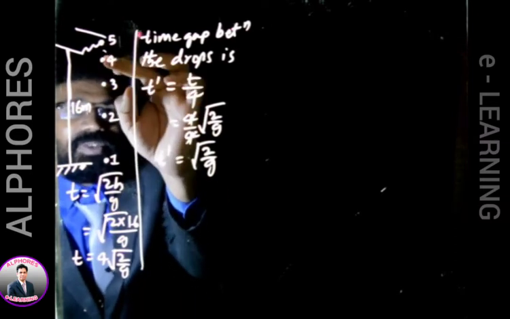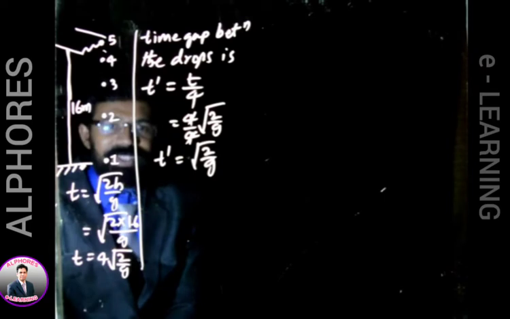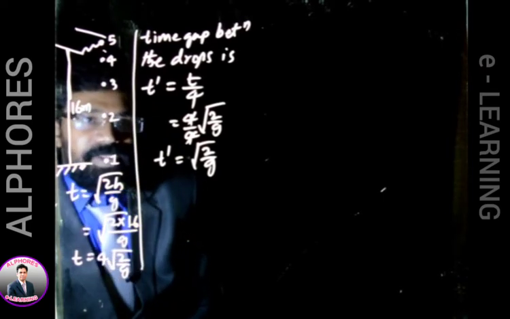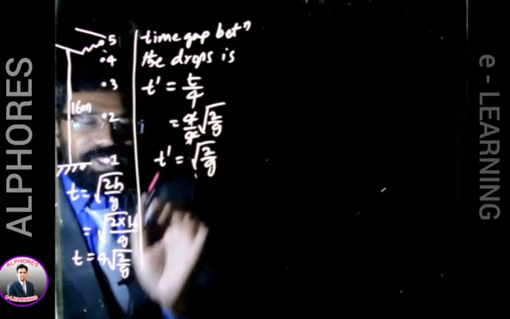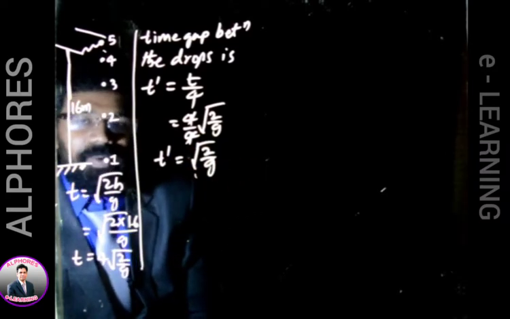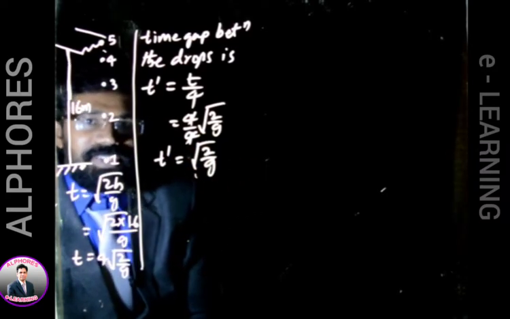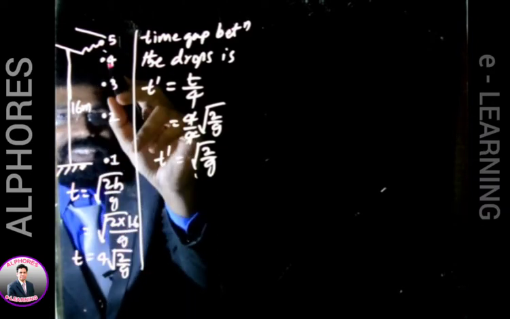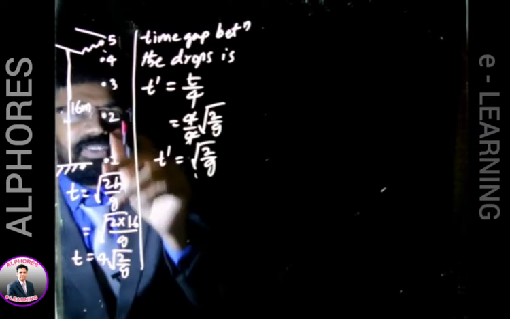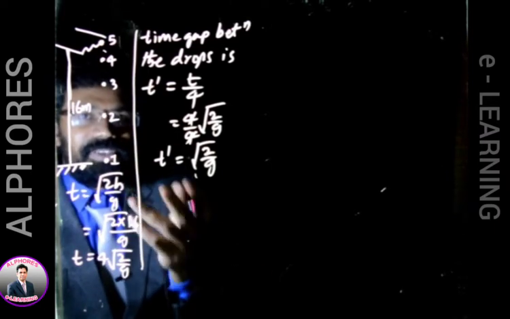From here to here, t by 4. From here to here, t by 4. That's what we have written, t by 4, and finally that time gap comes out to be under root 2 by g. Now I can find the distance traveled by the second drop, the third drop, the fourth drop. What is the distance traveled by the fifth drop? No distance. It's about to fall.